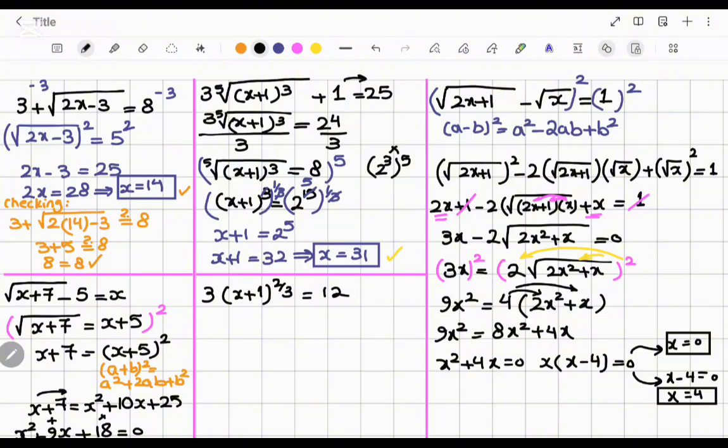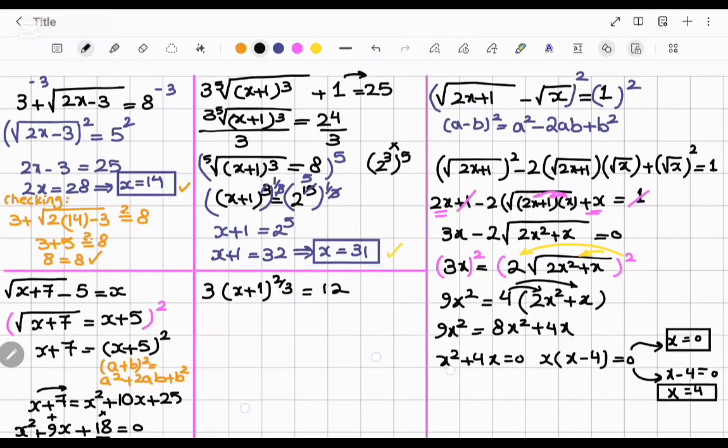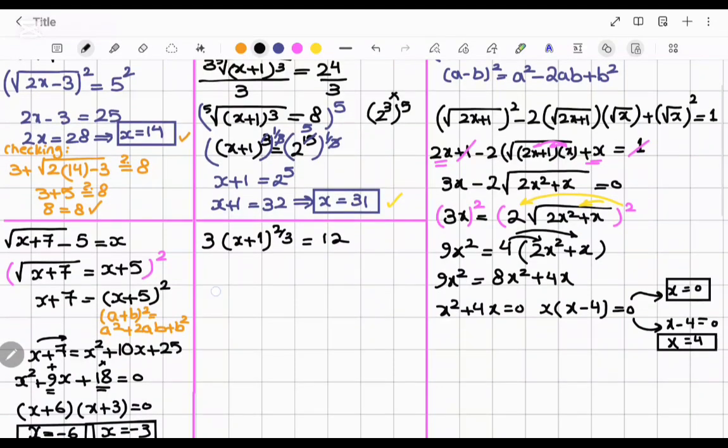You know that radicals are just like fractional powers, right? For example, if you have radical 2, it means 2 to the power of 1 over 2. Or for example, if we have radical 5 with the index of 6, it means that we have 5 to the power of 1 over 6.